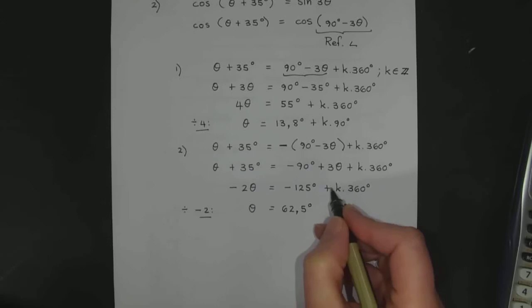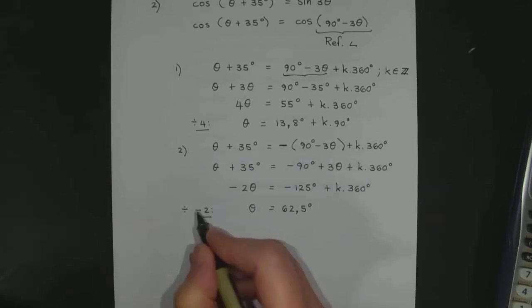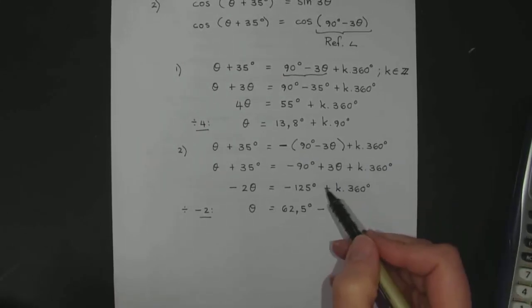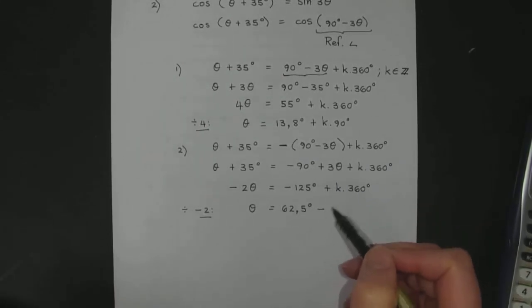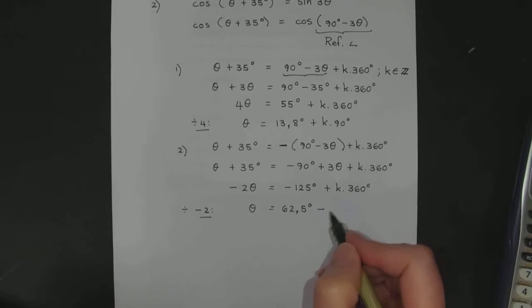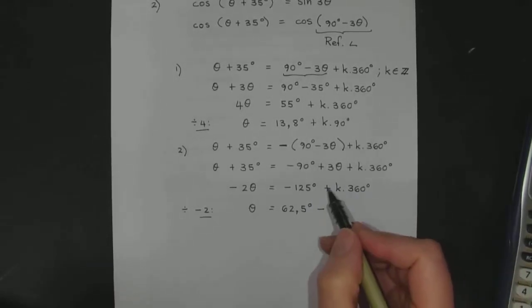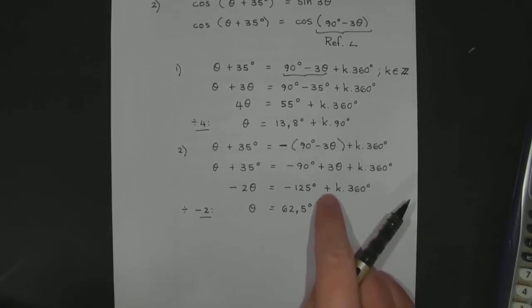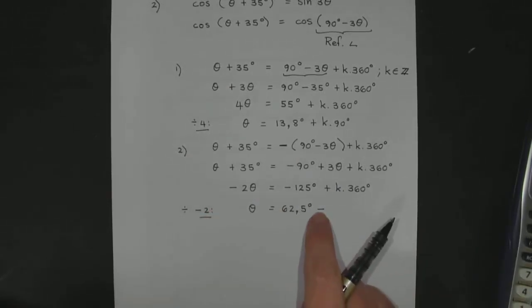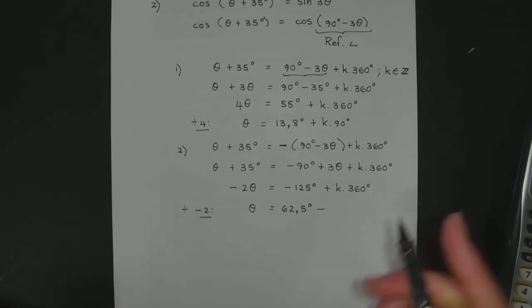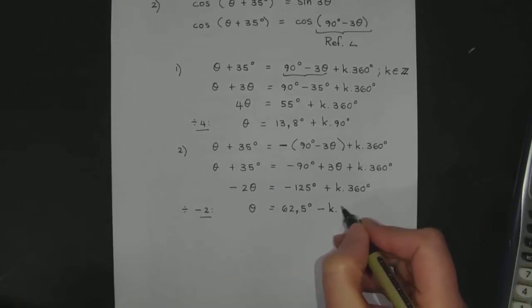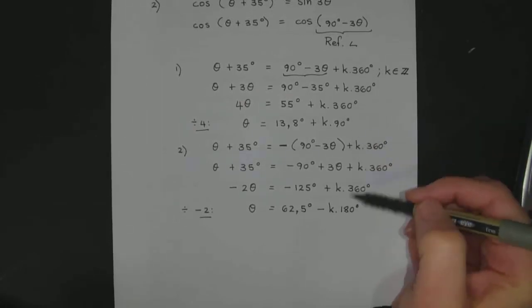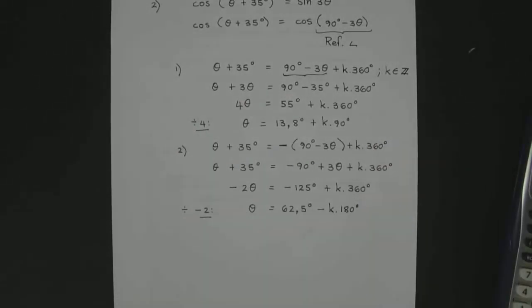Now, by the way, if you say a positive divided by a negative is a negative, it really doesn't matter whether k has got a positive in front of it or a negative, because k is an element of the integers. If you accidentally write the plus again, that also doesn't matter. But just algebraically, because I divide a positive by a negative, I'm changing it to a negative. And then 360 divided by 2 is then going to be 180 degrees. And that is then the two parts of this particular general solution.